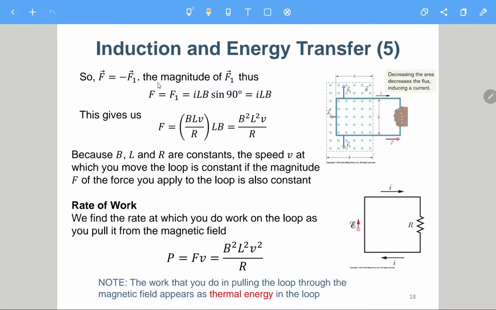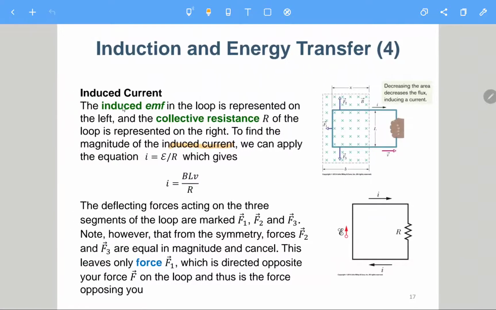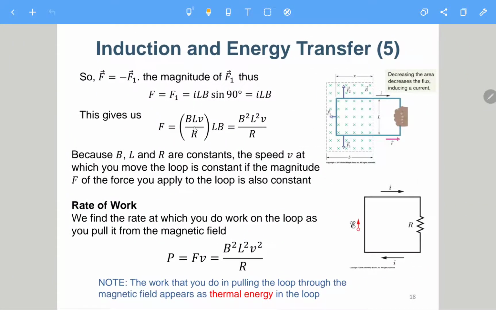Just now I mentioned we will use the Lorentz force to find the actual force F1. F1 is ILB. We already know that I is BLv over R, so we plug in BLv over R here, so that F is BLv over R times LB.